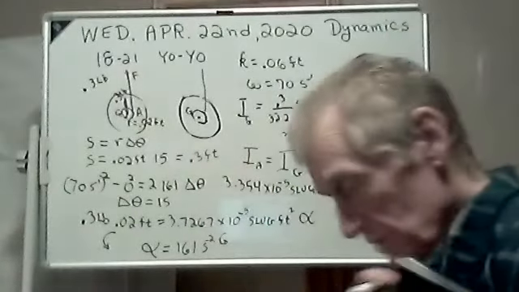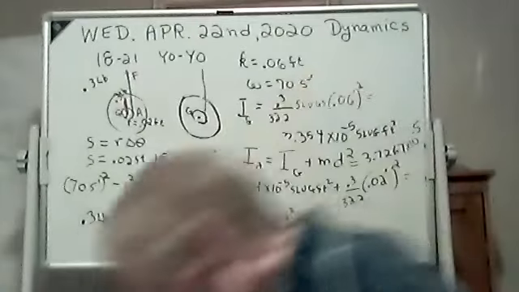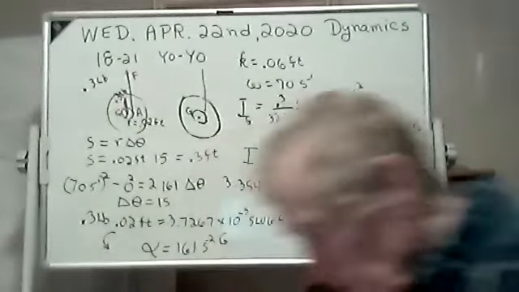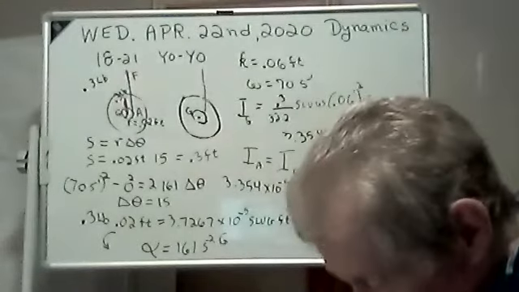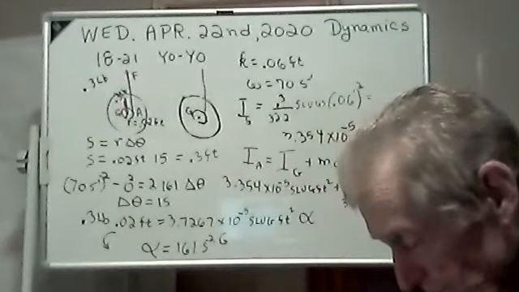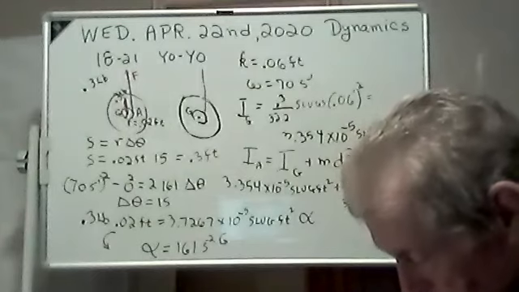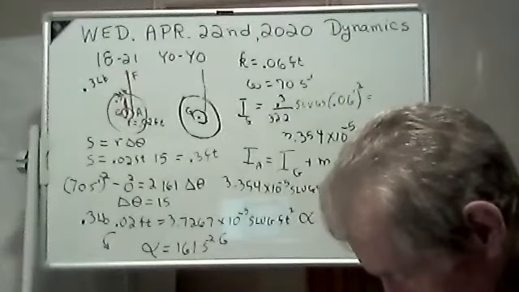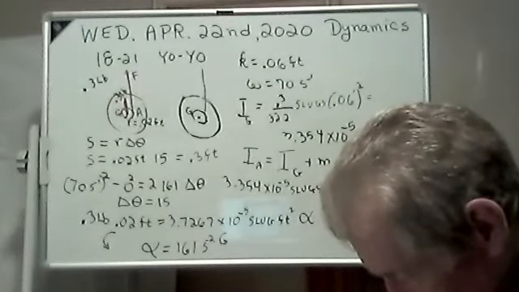Okay, well, let's see if that's the right answer. I'm going to go to the back here now. We think it goes down 0.3 feet. This is problem 1821. And the answer book says 0.304 feet.